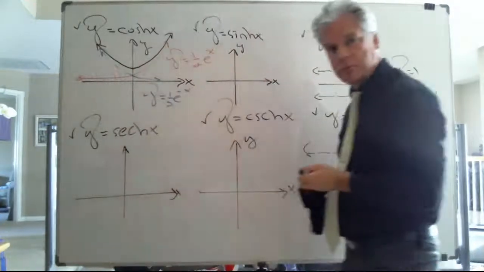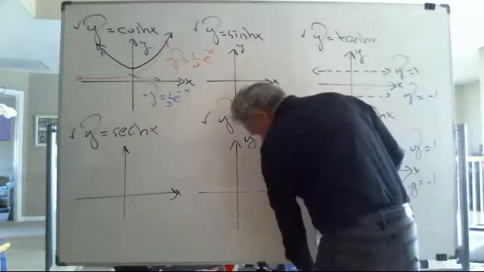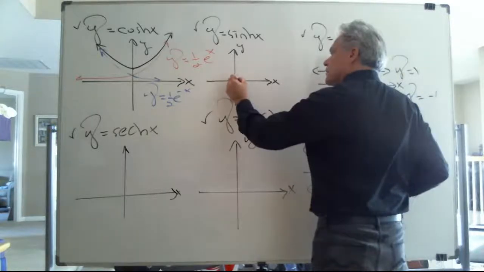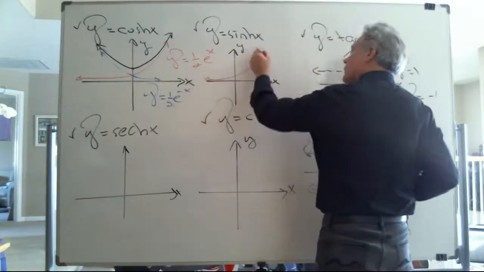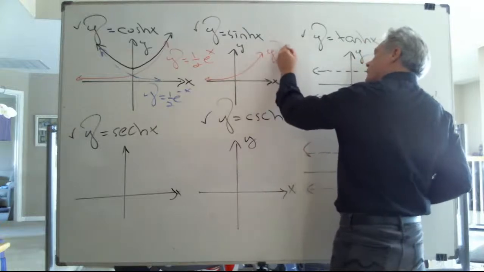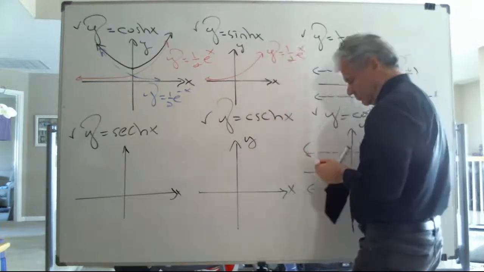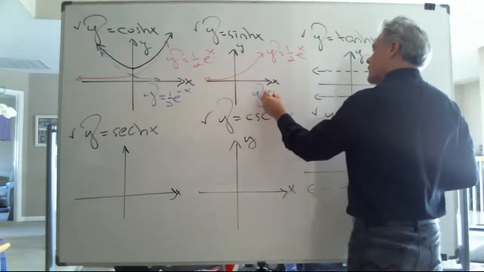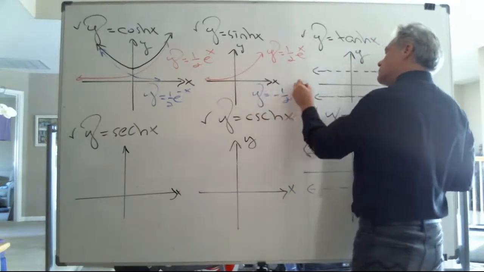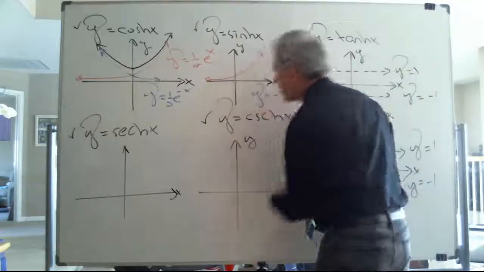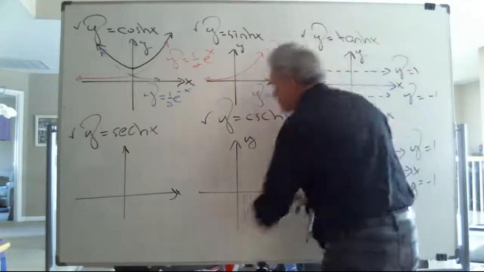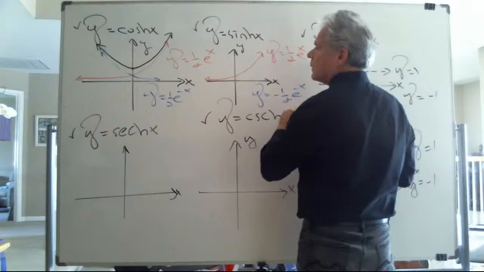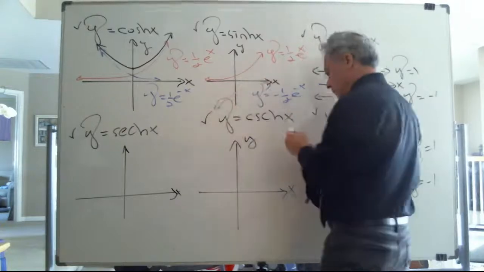I'm trying to construct. Now over here, if I use graphical addition with the graph of this equation, and the graph of this equation, here's what I get in black.